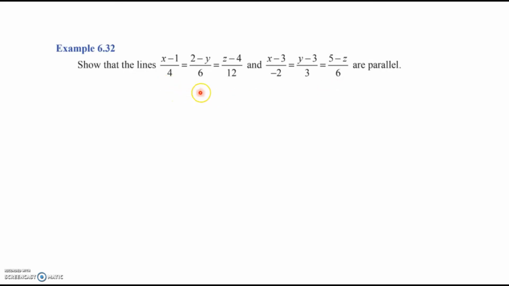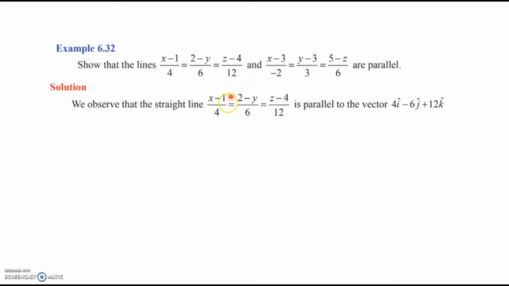Now 4, minus 6, and 12 — I'm taking minus 6 because it's 2 minus y — can be the direction ratio of a vector which is parallel to this first line. So let's define 4i cap minus 6j cap plus 12k cap as a vector which is parallel to this first line.